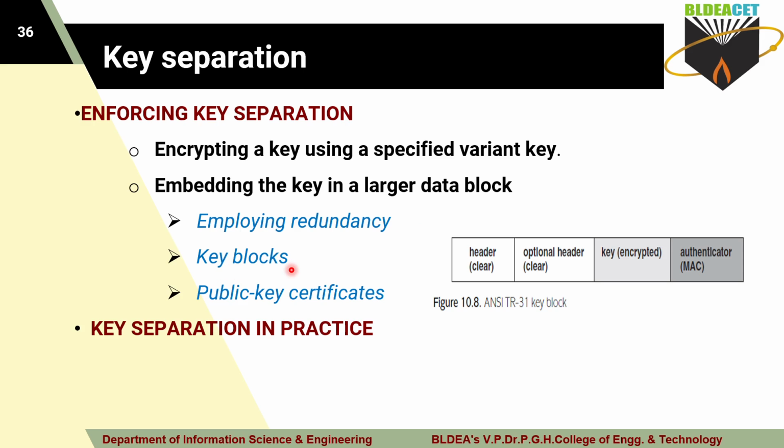Or you can use key blocks. In the key blocks you use a header. The header is the purpose; which purpose you want the key for, you have to specify that. And there is an optional header, which is the expiry date of the key. Then the key: which key is used for encryption and which key is used for the authenticator.